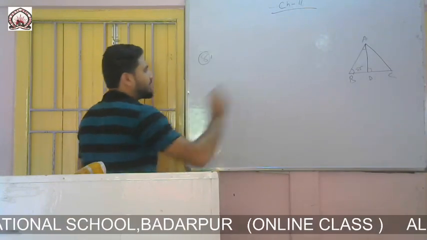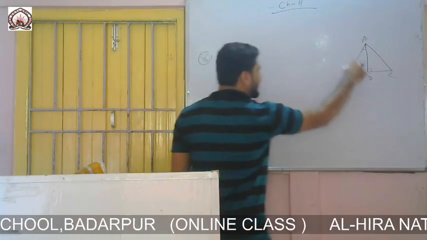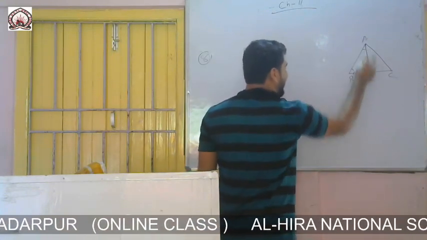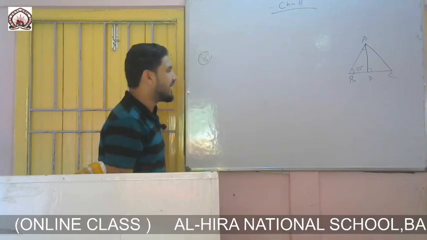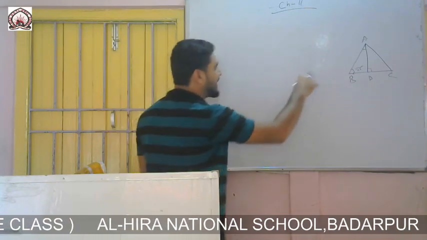So how? You see, since it is a right triangle, ADC and ADB are the two right triangles. So from there we can find angle BAD.